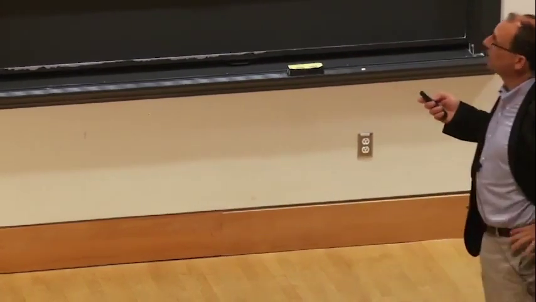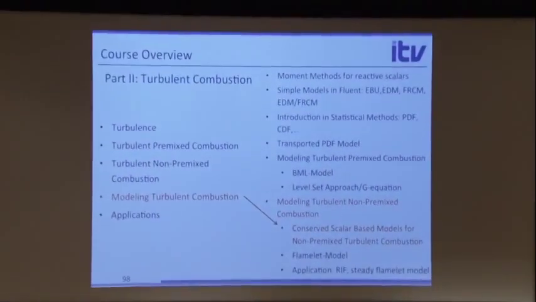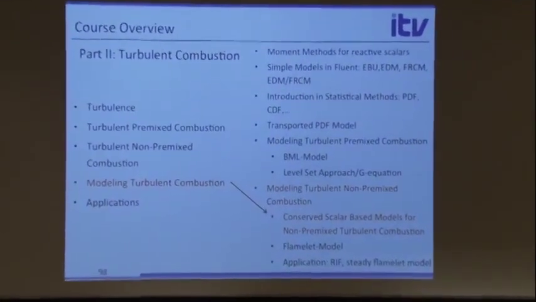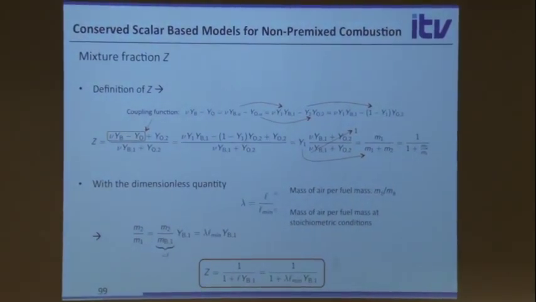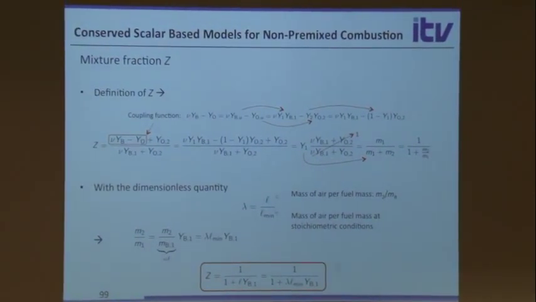Okay, so then we'll talk about non-premixed combustion. Switching gears, in non-premixed combustion, we said earlier that we want to use conserved scalar-based methods. And in the conserved scalar-based methods, we use the mixture fraction as a conserved scalar.